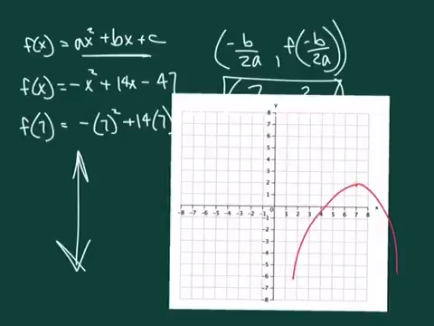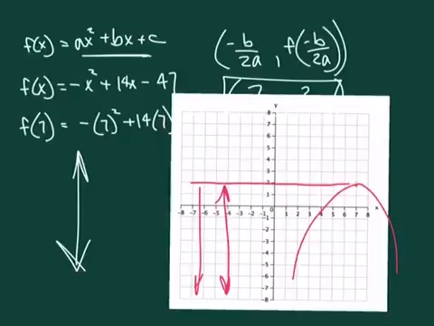Okay, the range means in which numbers for y does this involve? Well, it starts here and uses all the y values that go down. It doesn't use any y values up here. So my range ends up being from negative infinity, clear down here, all the way up to positive 2.